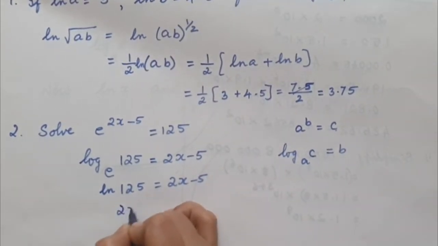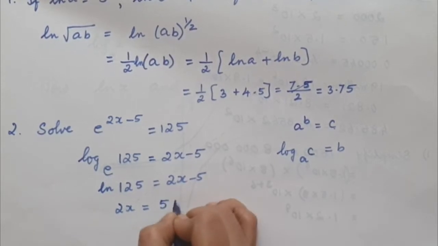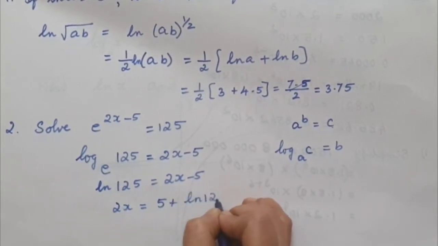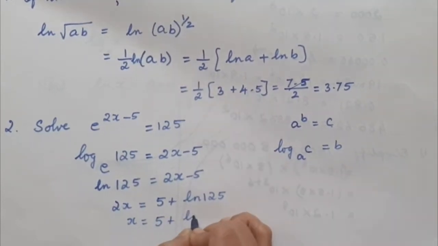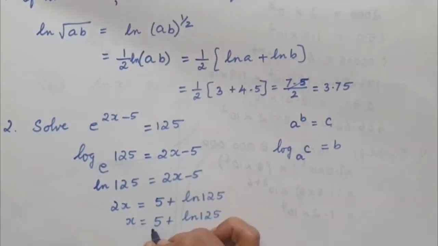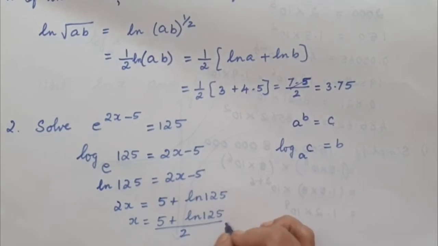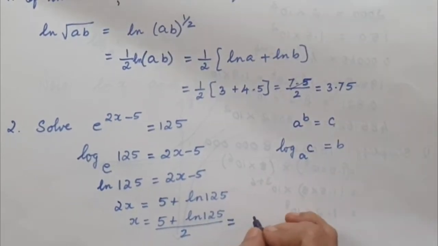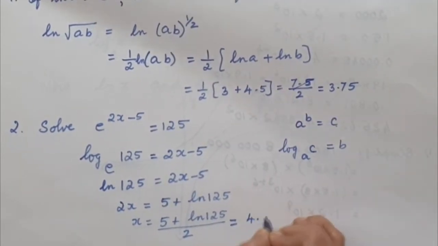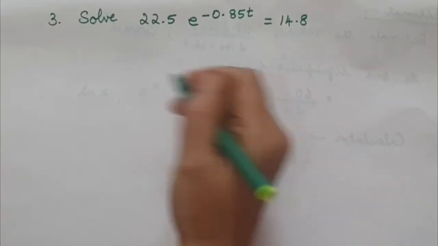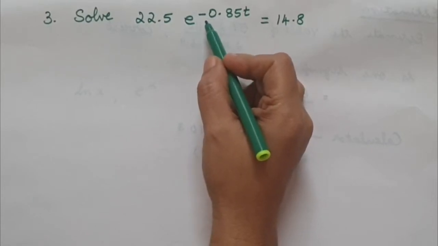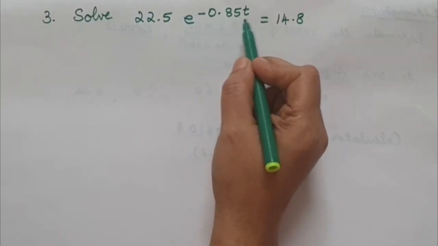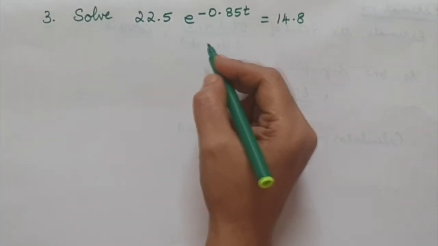So 2x will be equal to 5 plus ln 125, and x will be equal to (5 plus ln 125) divided by 2, which will be equal to 4.91.